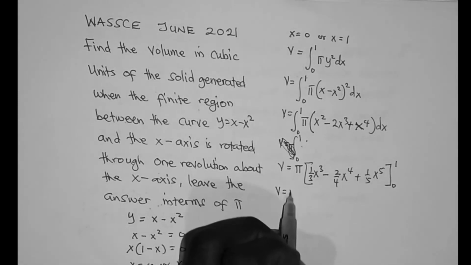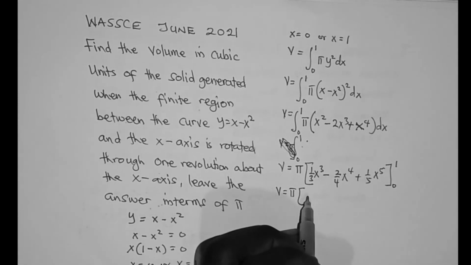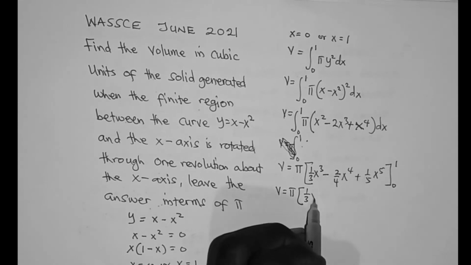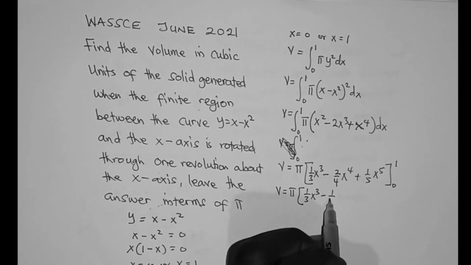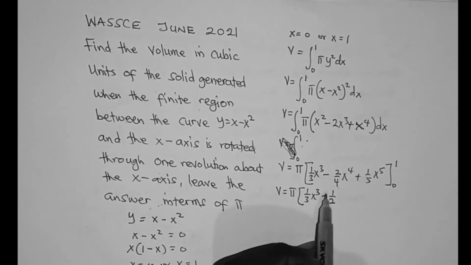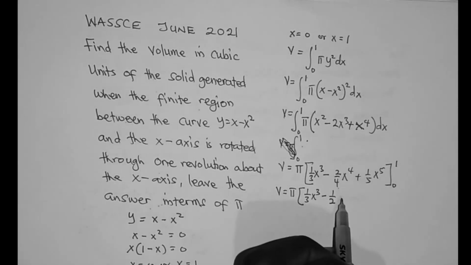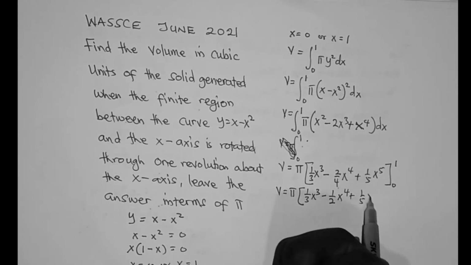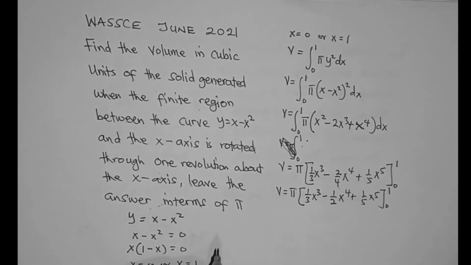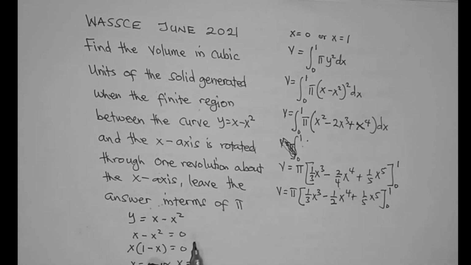So V is equal to pi, then 1 over 3 x exponent 3. And 2 over 4 becomes minus 1 over 2 x exponent 4 plus 1 over 5 x exponent 5, evaluated at 0 and 1. So let's substitute the limit.